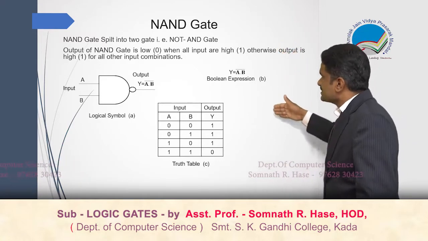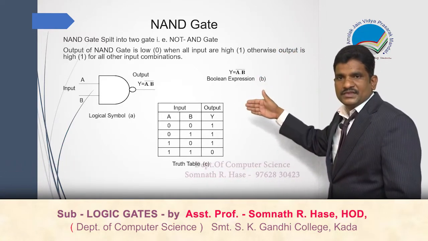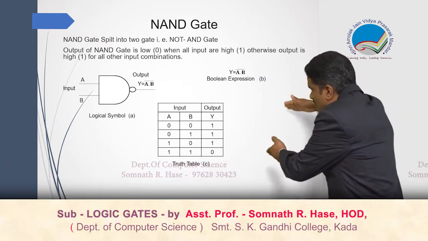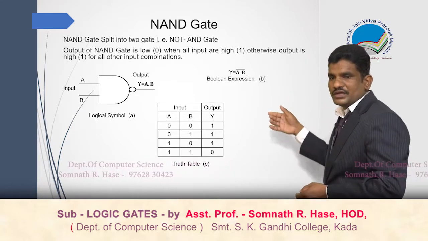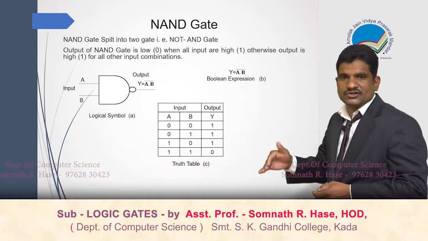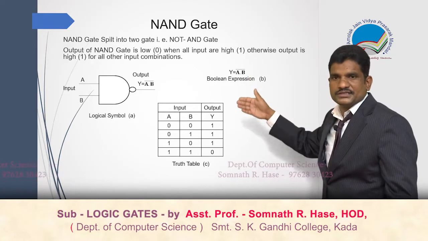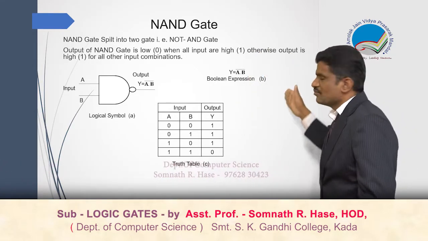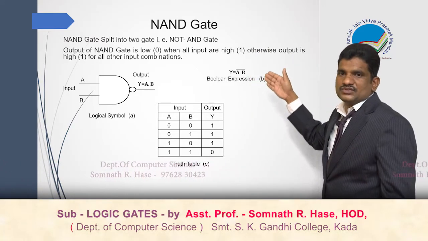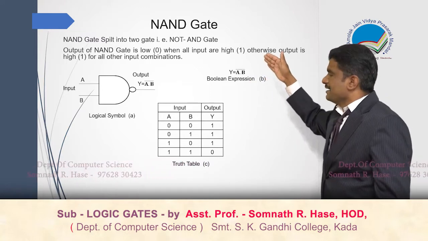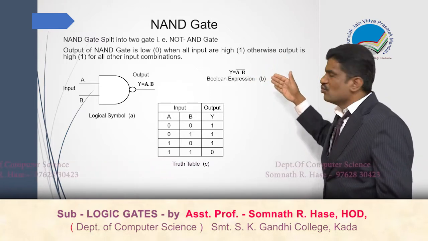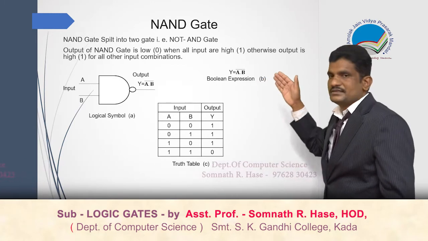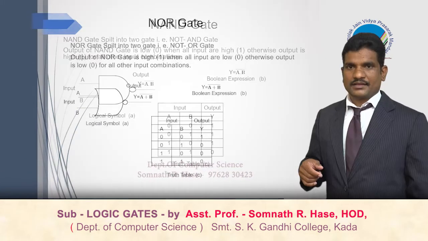In all other cases, the output is 1. You can see in this truth table, when both the inputs are 1, the output is 0. In all the other cases, the output is 1. This is the logical symbol of the NAND gate, and the Boolean expression is Y equals A NAND B.